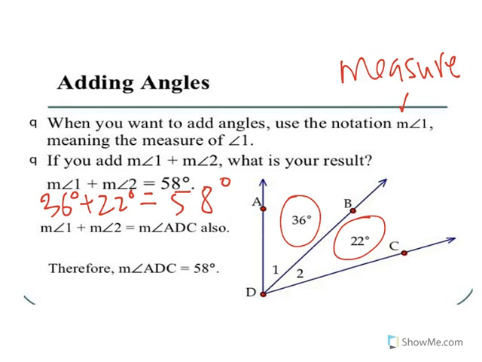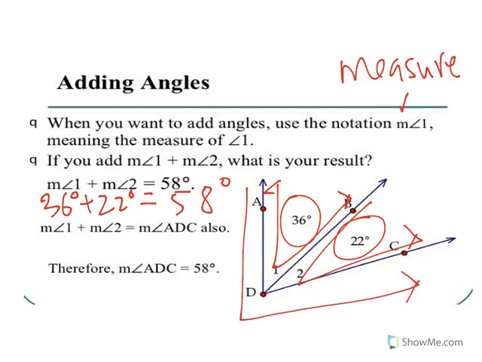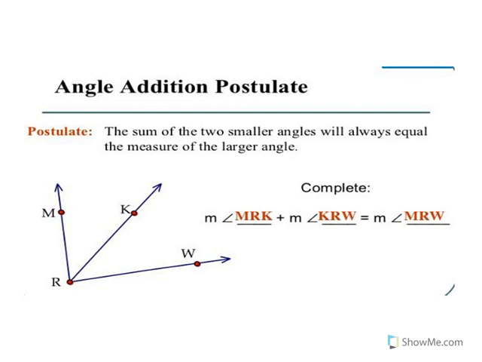Or we can do, well, angle 1 is the angle ADB, and angle 2 is the angle BDC. When you add those two angles up, it will equal ADC.